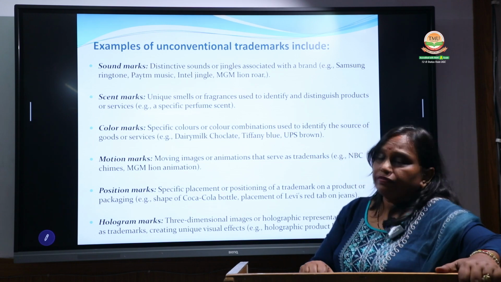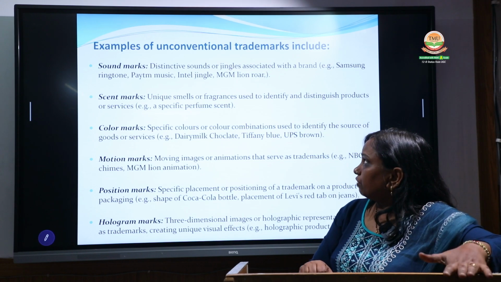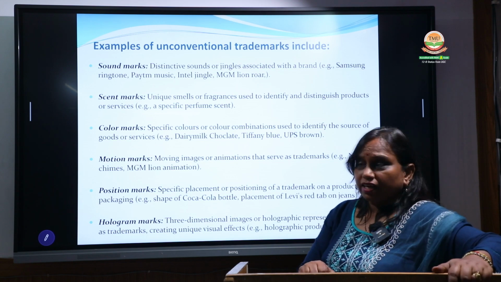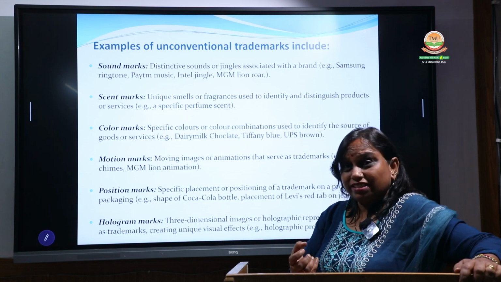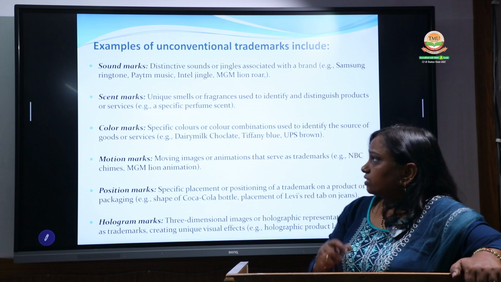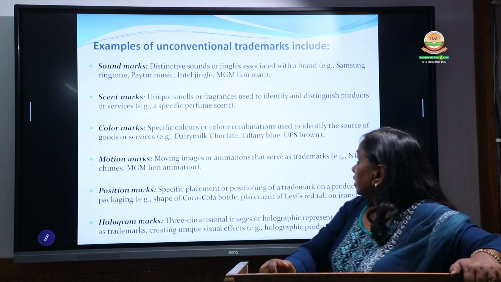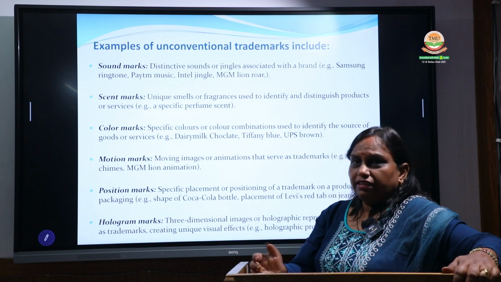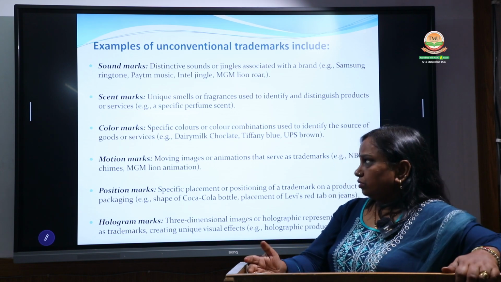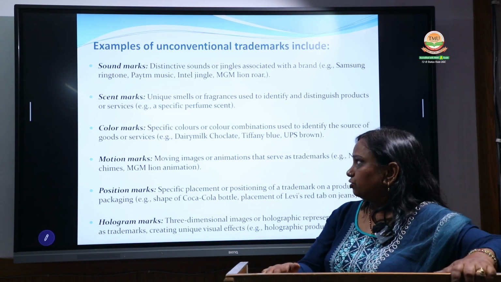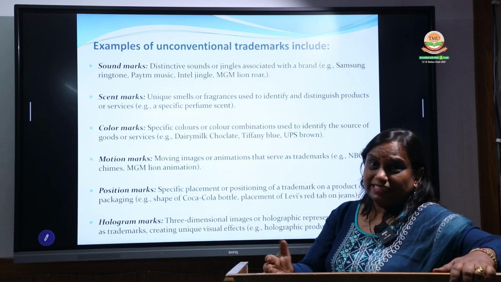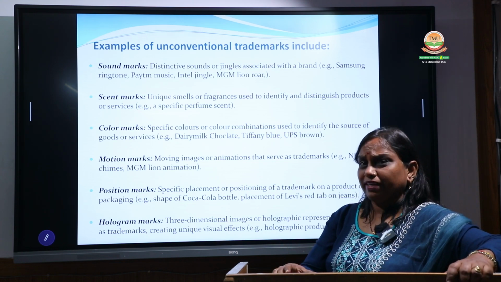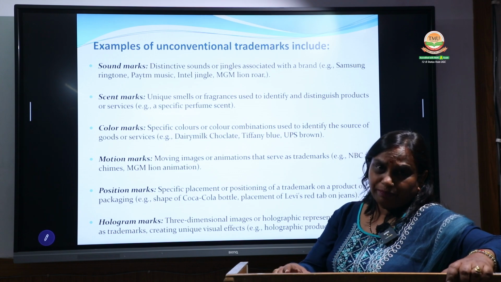So here we will discuss some examples of unconventional trademark. It includes sound marks, like certain distinctive sounds. In the case of mobile phones, there are different hello tunes and ringtones. For example, the Samsung ringtone, and Paytm. We are all using so many UPI platforms like Paytm for online payments.